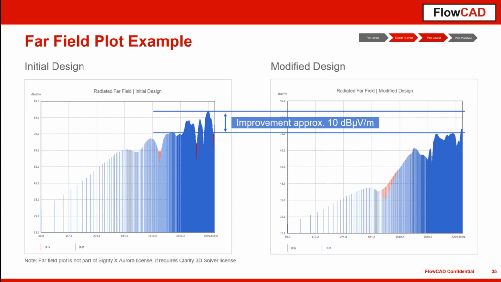On the left side, that was the initial design where we have our signal routed a long way around the split in the planes. And on the right side, you can see a significant reduction of the level, not only in the higher frequency range, but also in the lower frequency range.